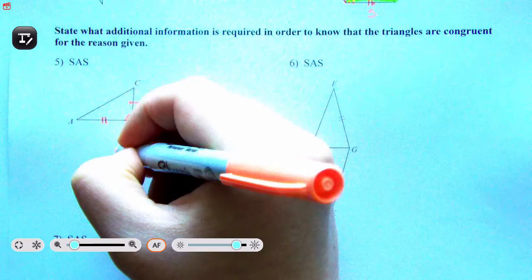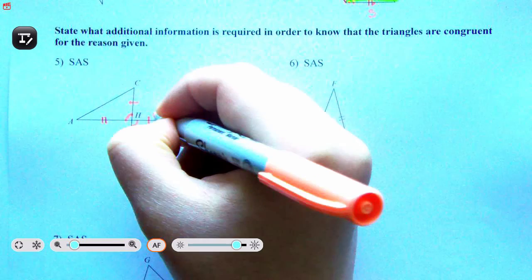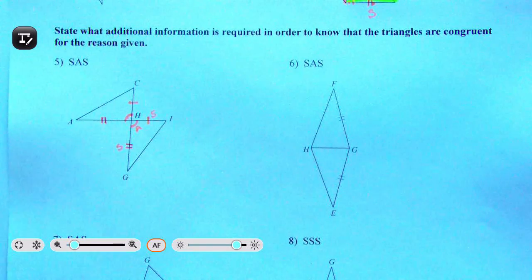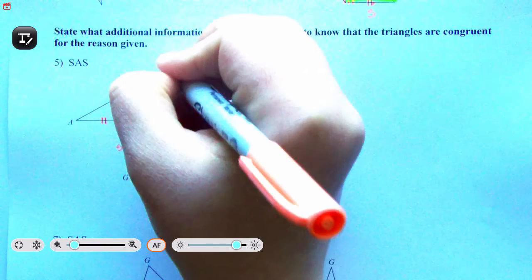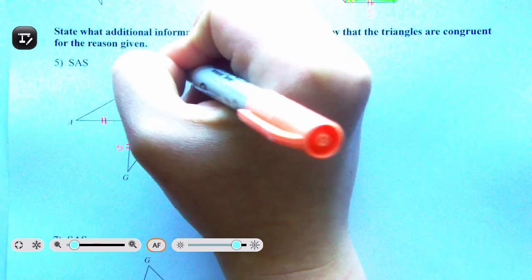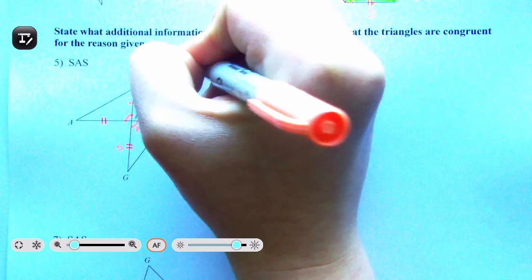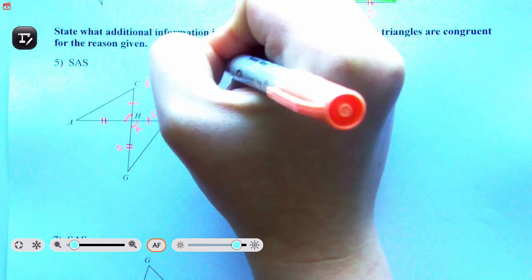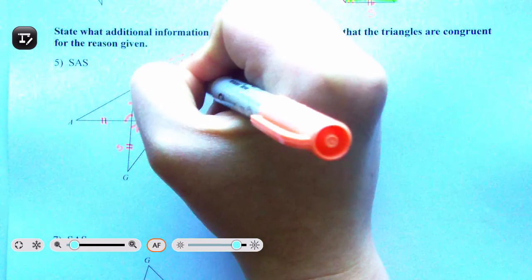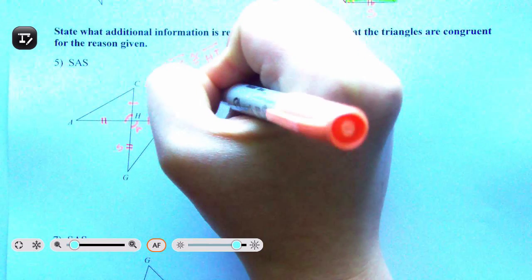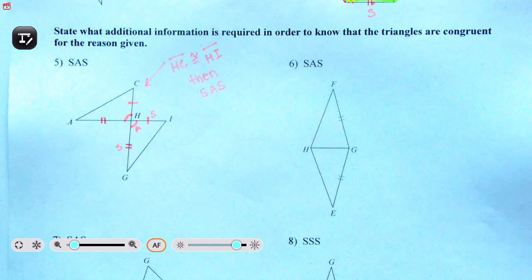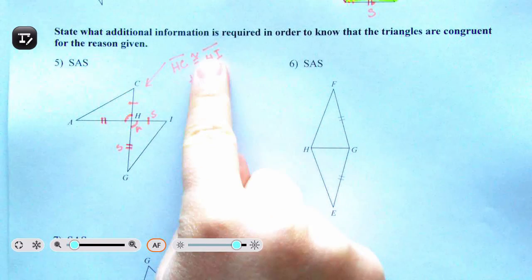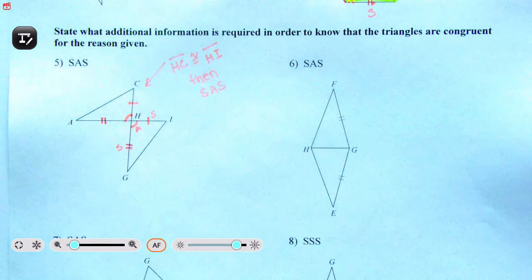So now I have a side, an angle, and a side. So what information do I need? I need to know that these two are congruent. So if HC is congruent to HI, then we have side, angle, side. So if we do not have that information, we do not have side, angle, side. So this is what's missing. We are finding the missing information.